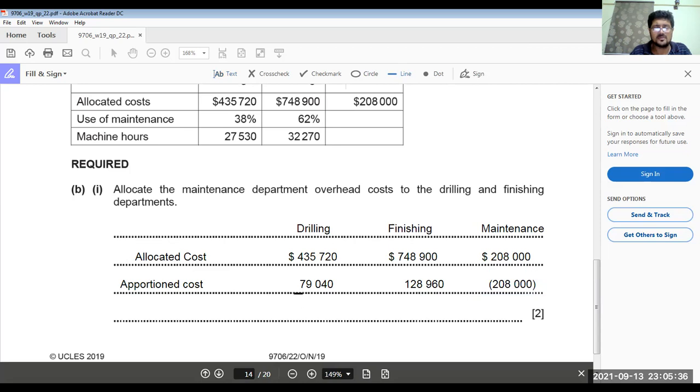So total department cost. We add 435,720 plus 79,040, 514,760.